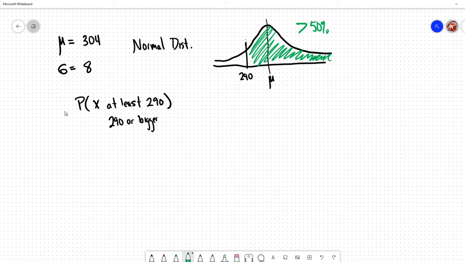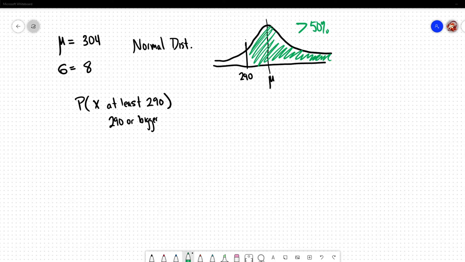So let's go ahead and do this by using the calculator. So I'm going to go ahead and pull up my trusty TI-84 calculator, and I'm going to do this side by side so we can see what we're doing.